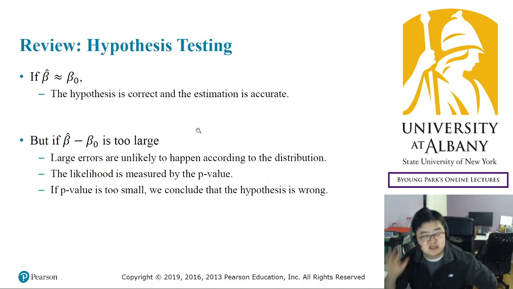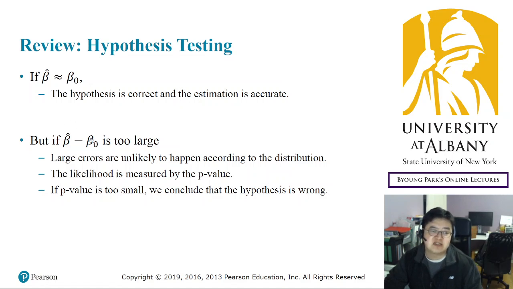In this rationale, the likelihood is measured by the p-value. The p-value captures how unlikely it is that such a large estimation error can occur. If the p-value is close to 0%, that means the difference is too large.